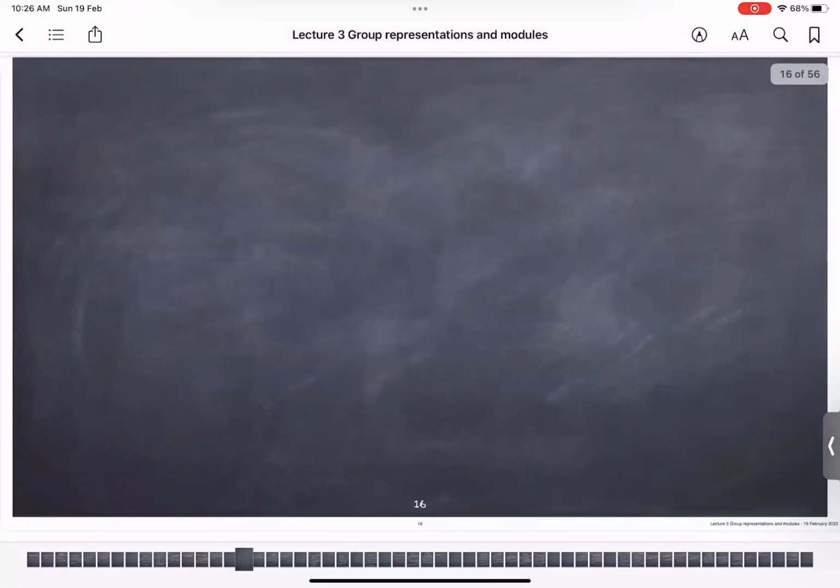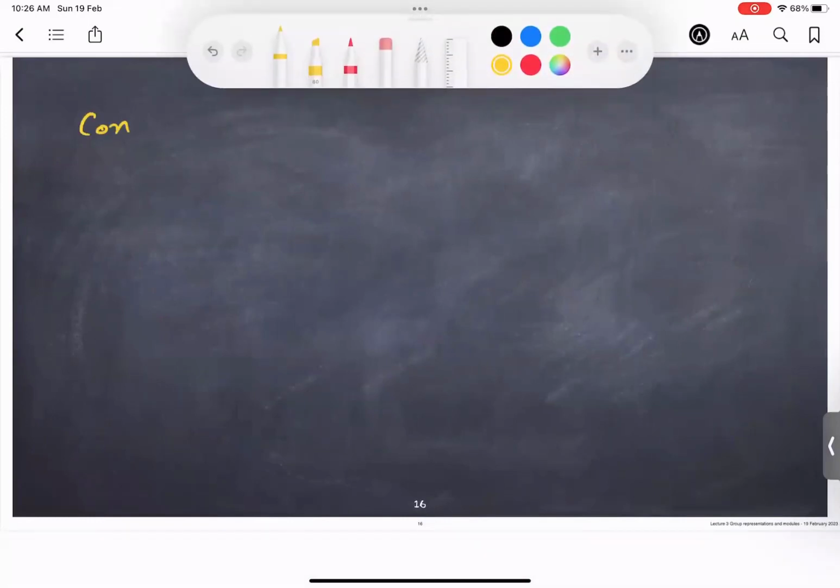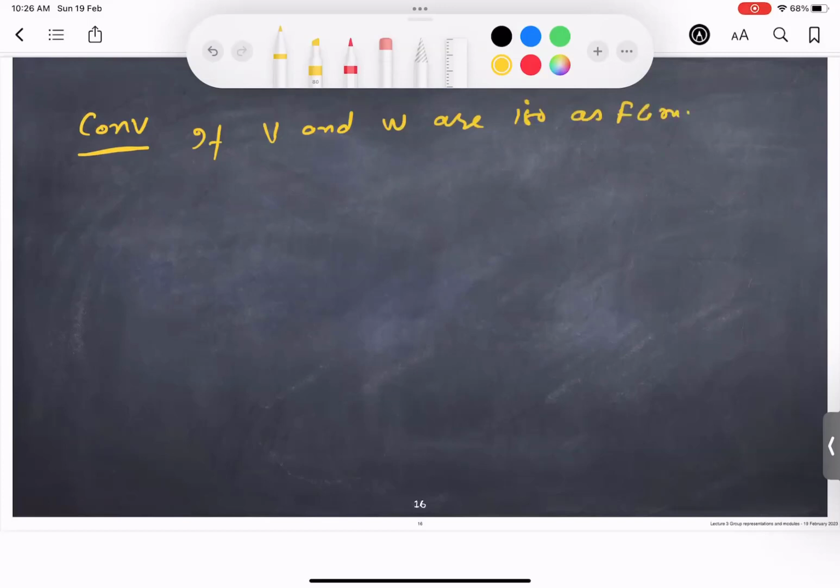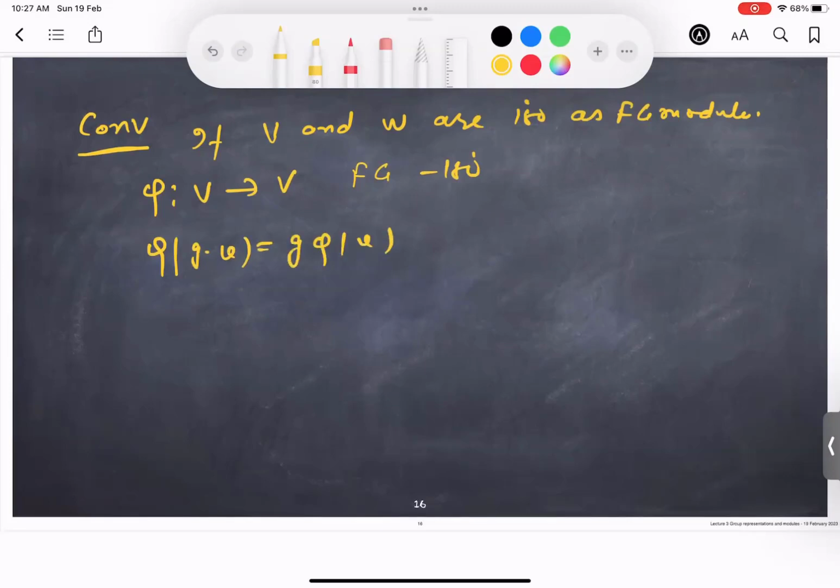And conversely, exactly the same thing can be done. If V and W are isomorphic as FG modules, then you have phi from V to W, an FG isomorphism, and therefore phi of g dot v is g dot phi of v. But this is precisely the same thing. I can do the same thing, because this is the meaning of that.